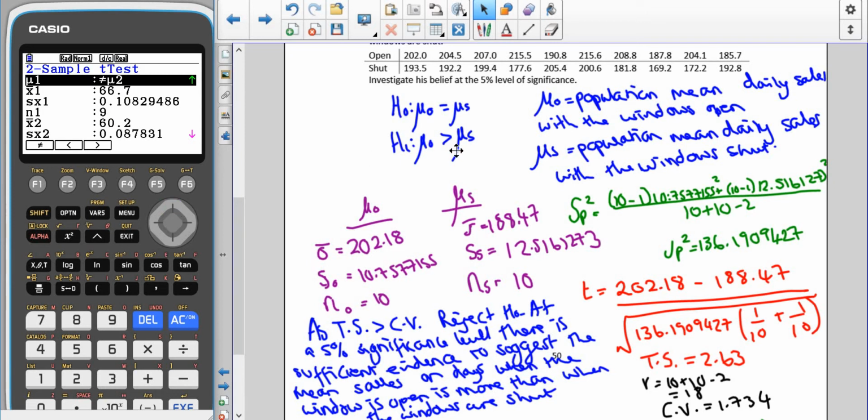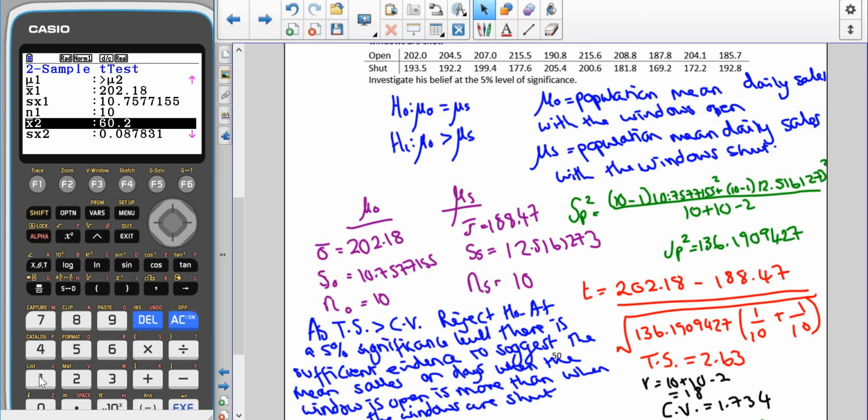So this time our mu O is bigger than mu S. Our first mean is 202.18. Our standard deviation is 10.7577155, and the number of pieces of data is 10.